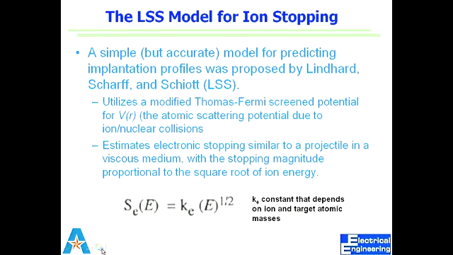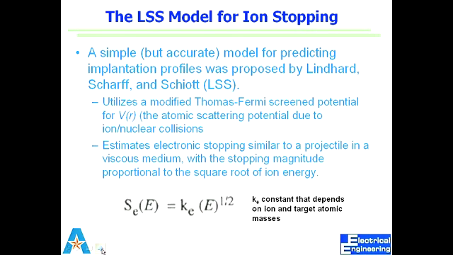So this would be a simple model, and there are other, much more accurate models also. It takes into account a factor called Ke, which depends on the masses of the ion and the target atom, right? It treats the ion like a projectile in a viscous medium and defines how far it will go before it comes to a stop.